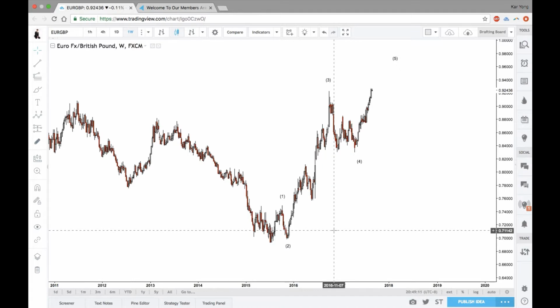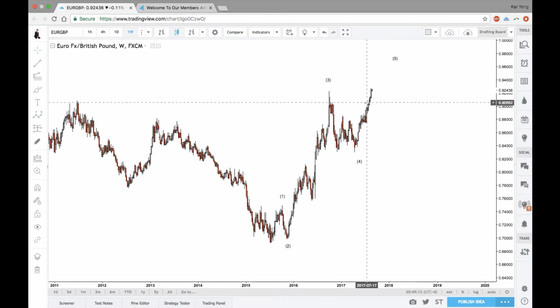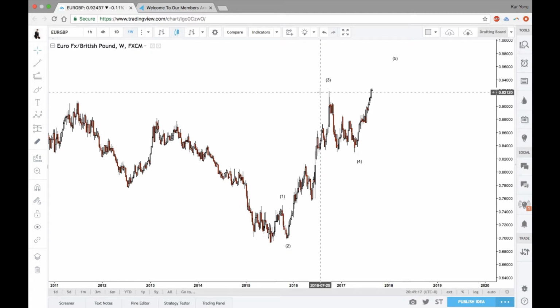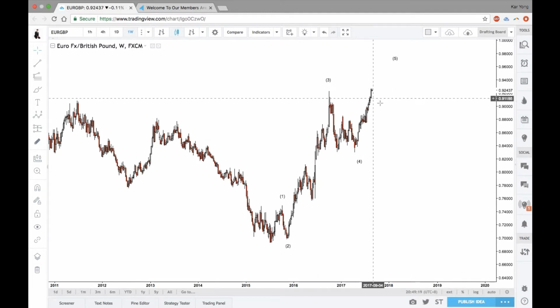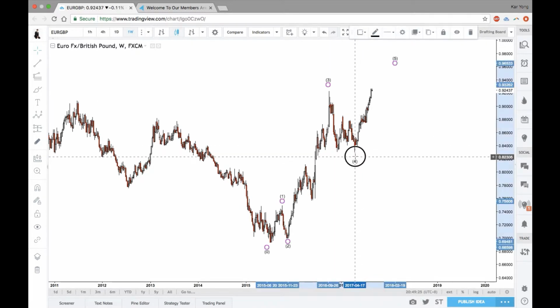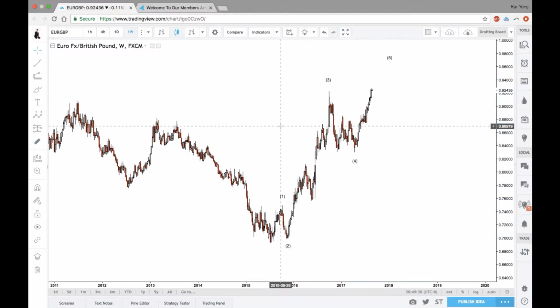Before this happened, that means before this move broke this top, we didn't forecast this because we were seeing a crawling up movement. But now it has broken that top, we need to update our analysis. So now this analysis has a higher chance of forming.